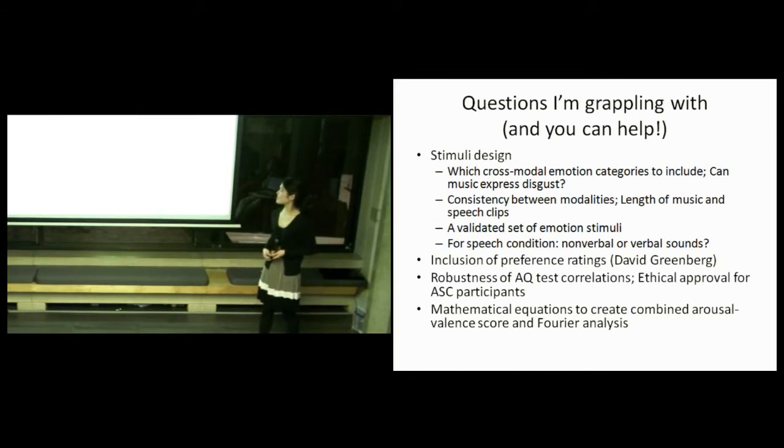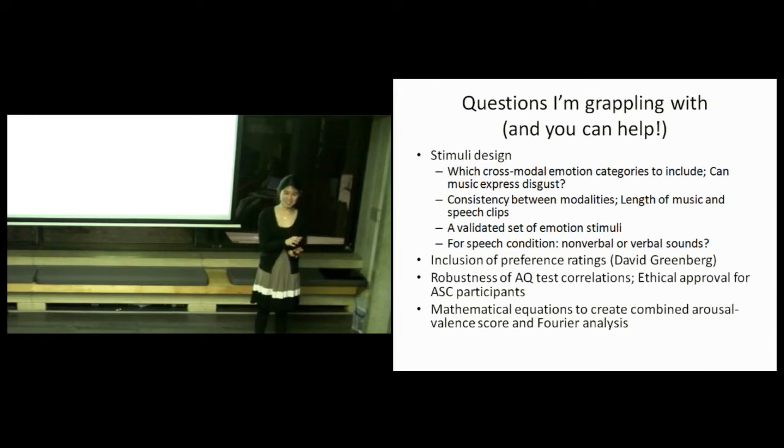and one question is what cross-modal emotion categories between music, speech, and faces should I include? For example, the 6 basic emotions are happiness, sadness, fear, anger, disgust, surprise. But they don't really work for every modality.